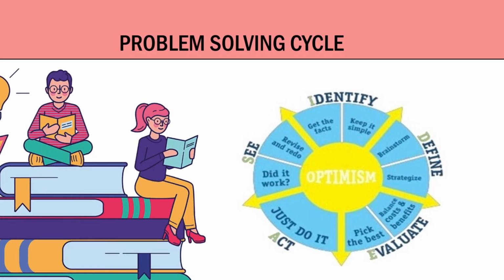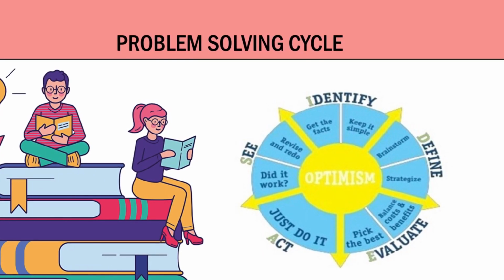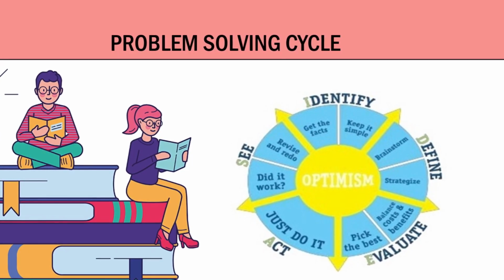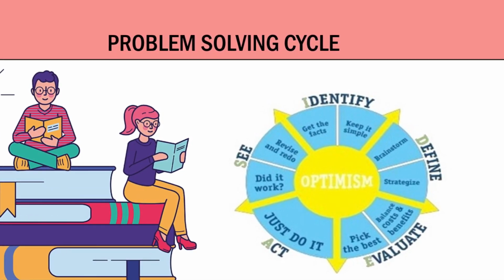Subsequently, you need to define the problem, and on the basis of the identified facts, you perform some brainstorming, and the brainstorming leads to different types of solutions. So you need to develop a strategy about which option is better.